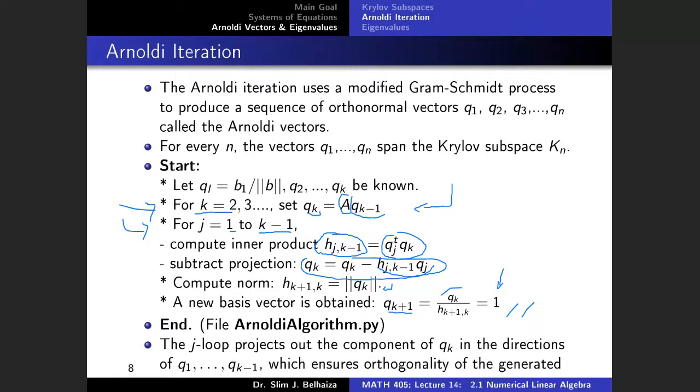The j loop projects out the components of q_k in the directions of all the preceding vectors, q_1 to q_{k-1}, and when you do this projection, you ensure orthogonality of the generated vector.